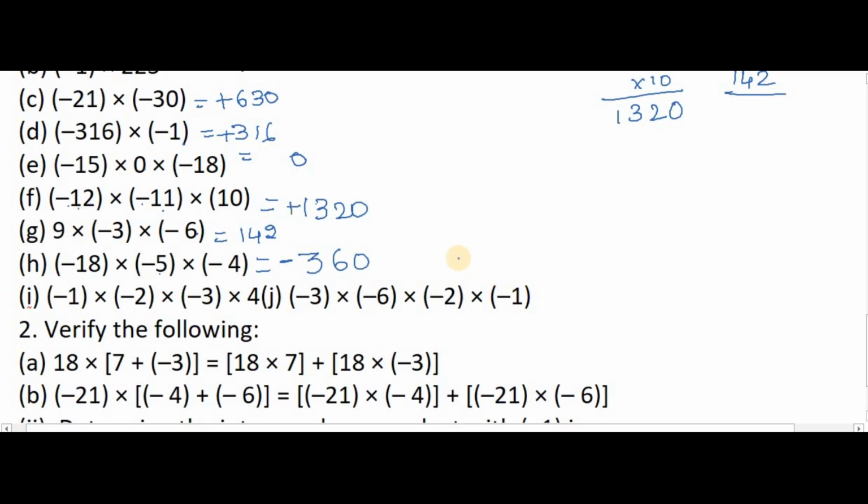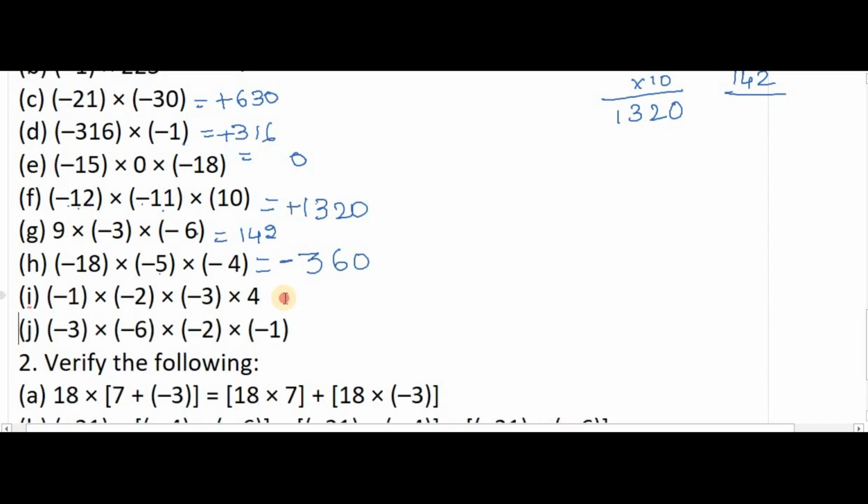Now here, for I and J we have no place. 1 2s are 2, 2 3s are 6, 6 4s are 24.